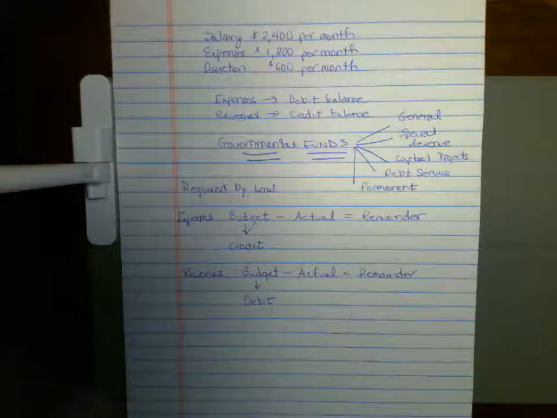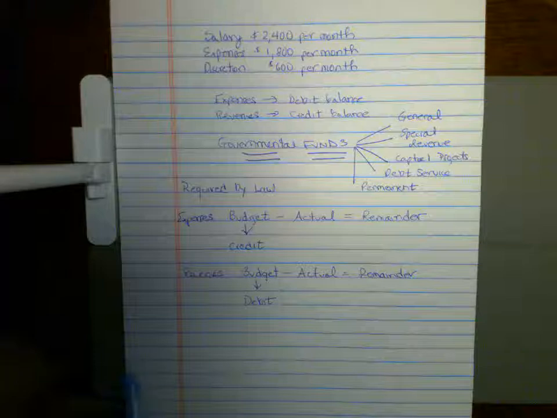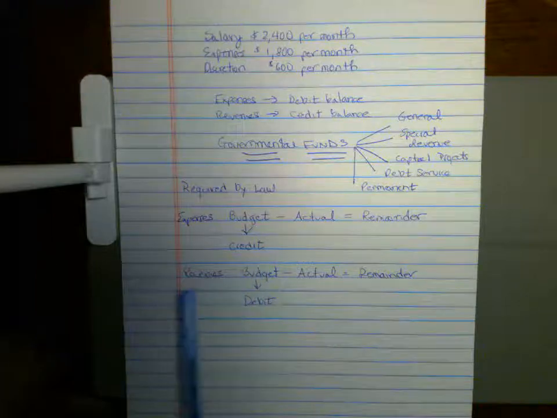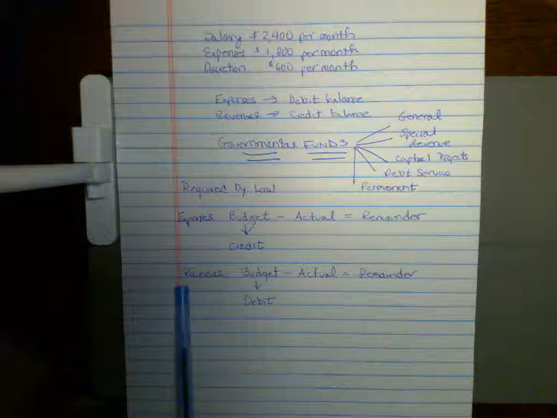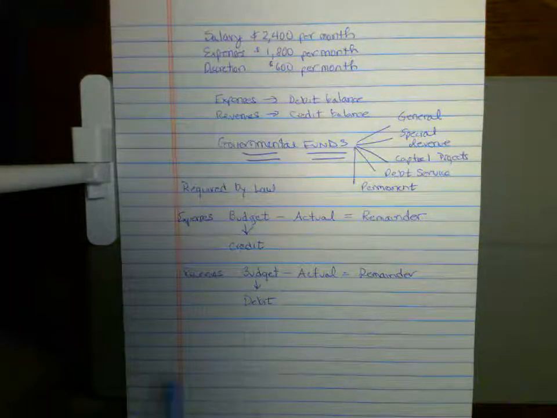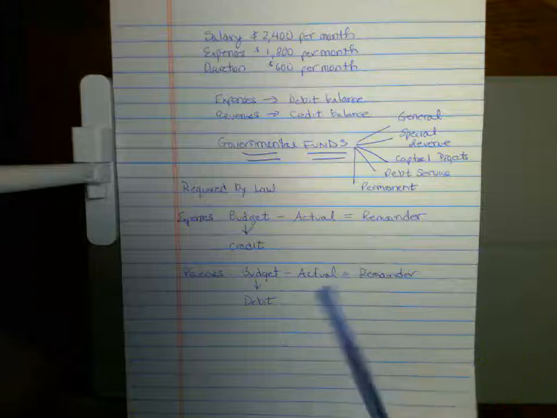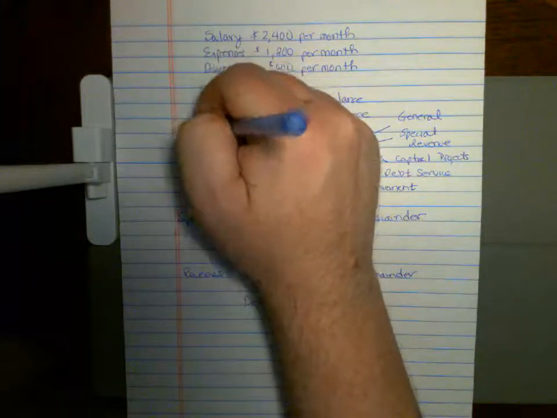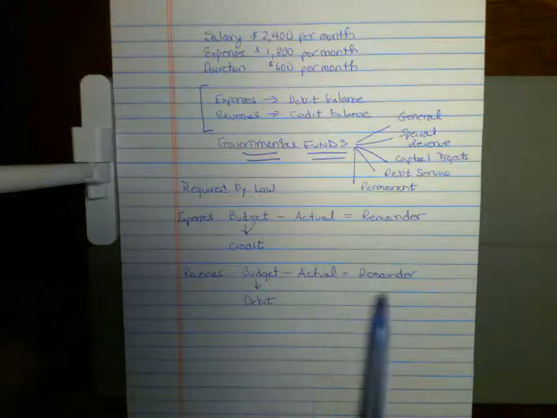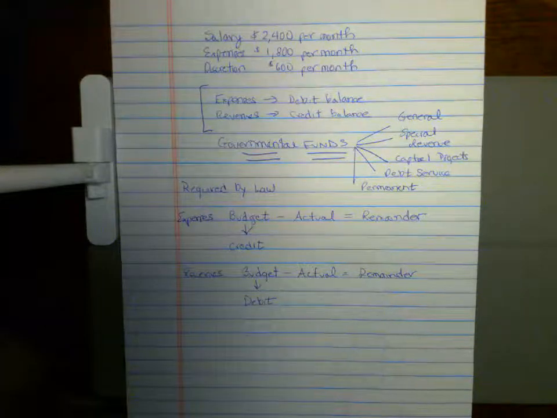So when you are budgeting expenses, the entry of the budget into the accounting system is a credit entry. And for revenues, to enter budgeted revenues, that has to be a debit. So it's exactly the opposite of what you have up here. And that allows this equation to work inside the accounting system.